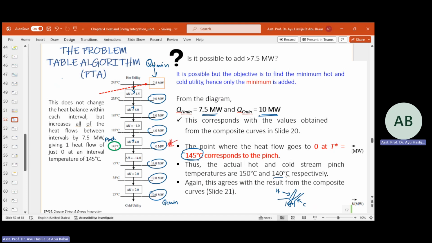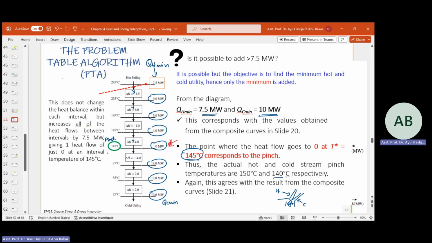To get the hot pinch, add up 5 degrees C. Cold pinch, reduce 5 degrees C. Why add 5, reduce 5? For the hot and cold pinch.